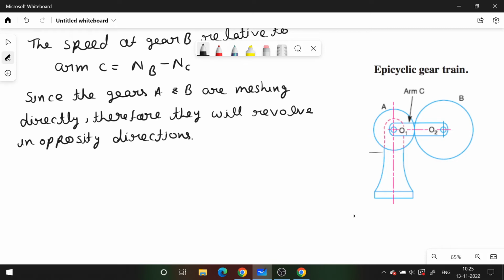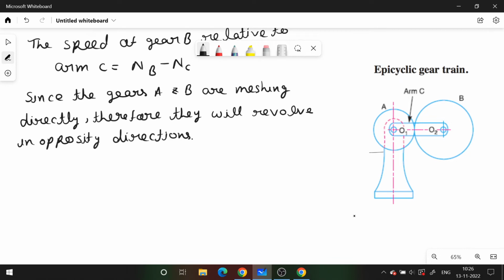But the relative motion between a pair of mating gears is always the same, whether the axes of rotation are fixed or moving. And this ratio of relative motion is equal to the inverse ratio of the number of teeth on the gears.